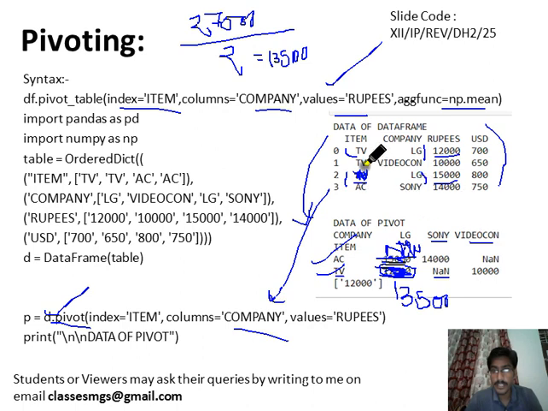AC of Videocon is not there, so NaN will come. And then TV of Videocon is there, so 10,000 will come. Other things will remain the same. So this is how pivot and pivot table methods work. Keep this in mind. Let me move ahead.